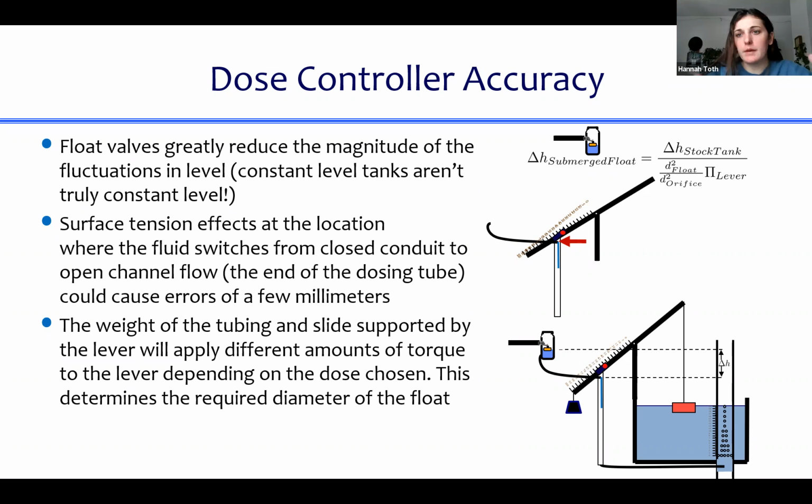Would we use like a really big float and then like a really, really small one? Yes. And what happens when you use a really, really big one? Do you think the doser would still work? I mean, it does have to fit in the entrance tank, and that actually is a constraint.